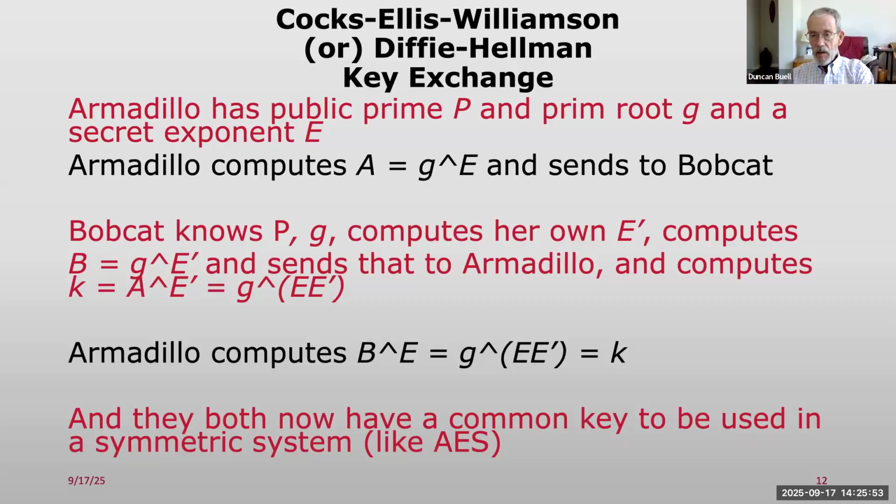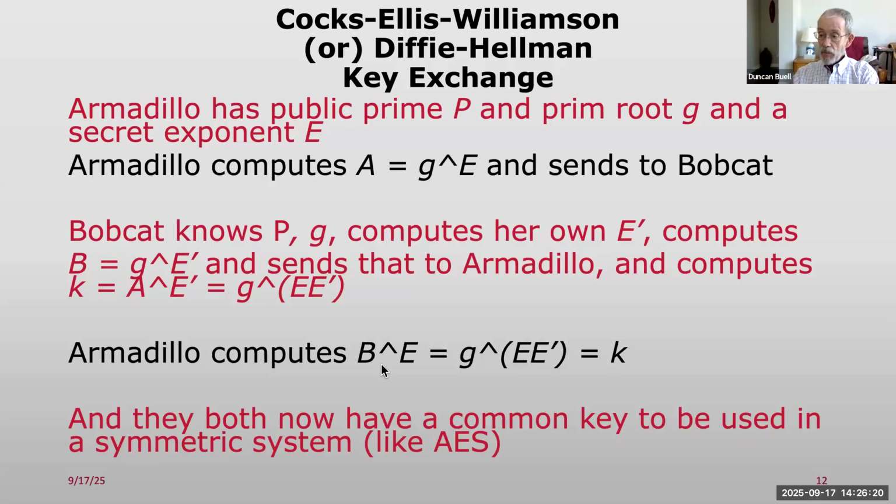Armadillo has a public prime P and a primitive root G and a secret exponent E. This is normally done as Alice and Bob in the cryptography community, but that to me just seems boring. So Armadillo computes G to the E power modulo a big prime and sends that to Bobcat.